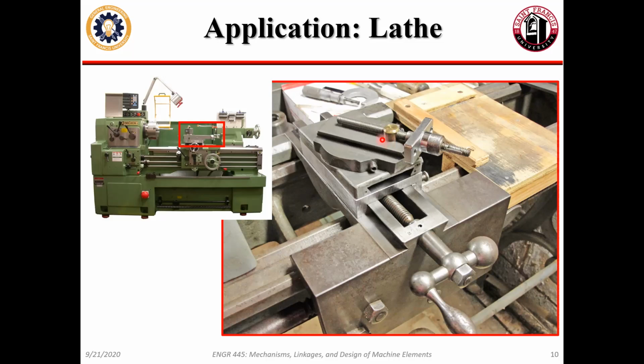So in the case of this guy, which is the compound rest, that nut, that brass guy there, would be attached to the metal block that the tool holder is resting on. So as I turn my crank, I'm moving that nut along, and because I'm moving that nut along, I'm moving the block with the tool holder forward. Makes sense?